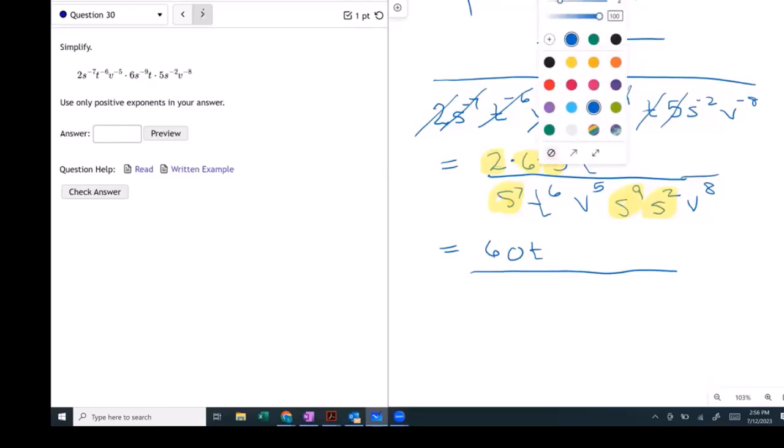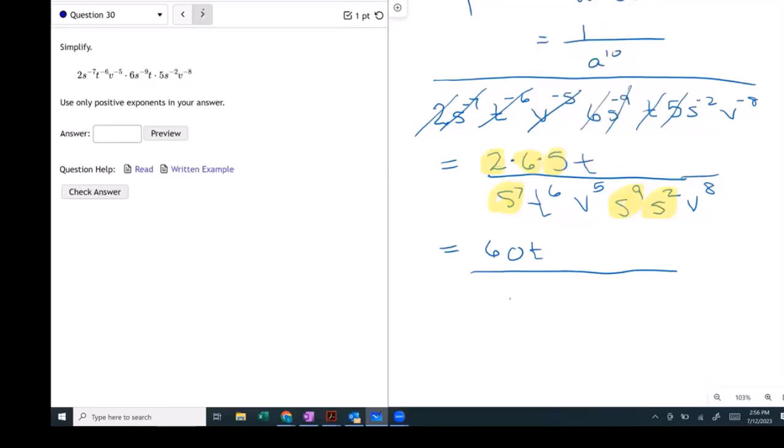What I mean by that is, if you cross out stuff, then all of a sudden you'd be left with this thing. It's like, oh, I guess I didn't collect that one. Well, I only have one t. Right, so it's t to the 6th power. And then how many v's do I have? 13. Perfect.